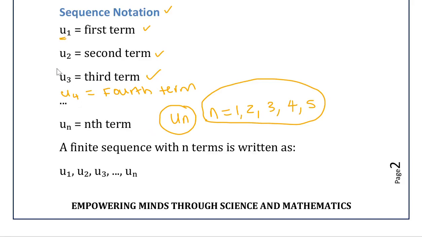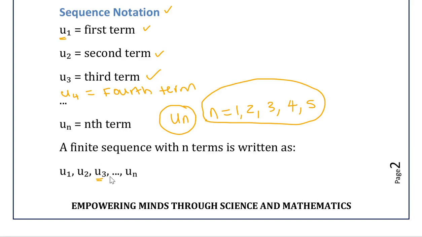So these are the notations that we have in sequence: first term, second term, third term, fourth term, and it goes on. A finite sequence with n terms is written as, remember, a finite sequence has a point where it stops. So it is written as U1 for first term, U2 for second term, U3 for third term.